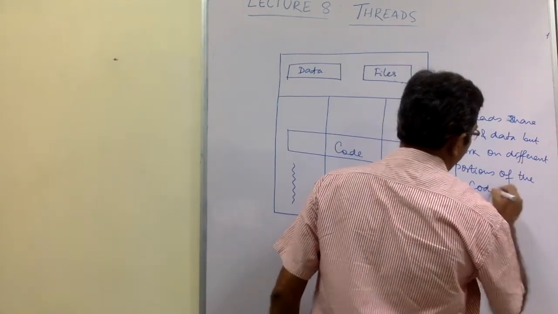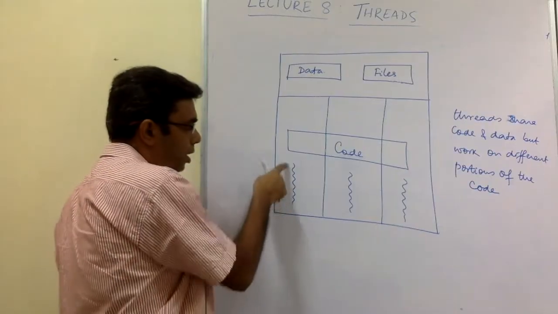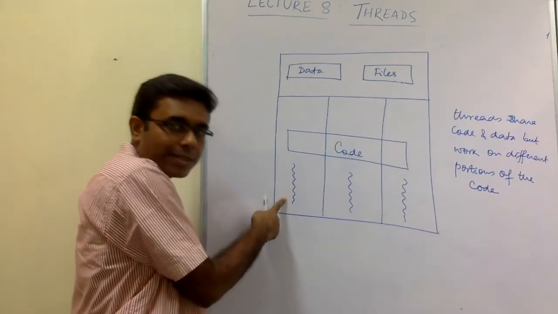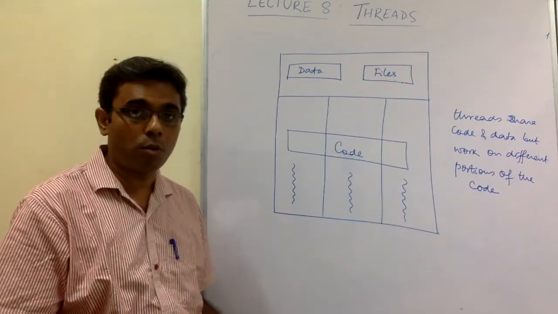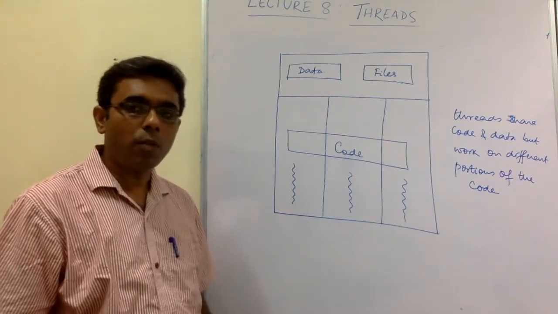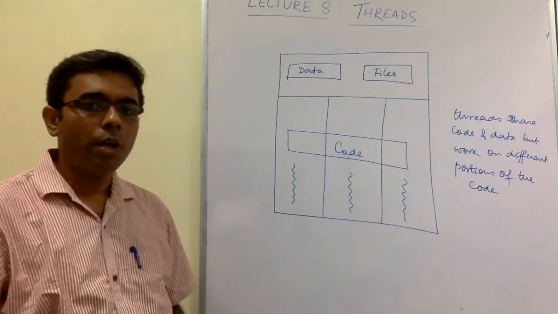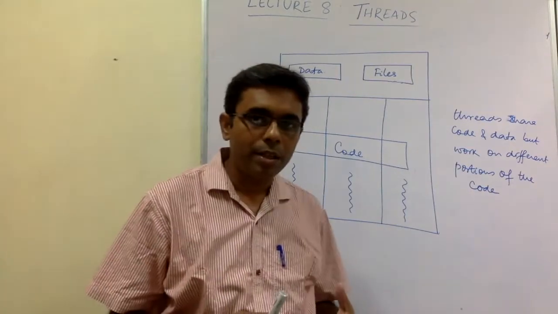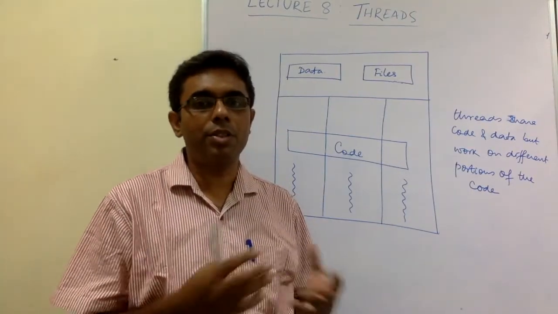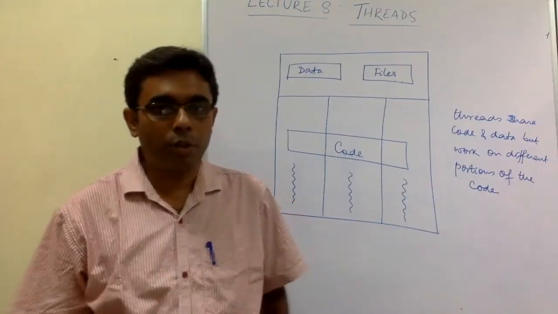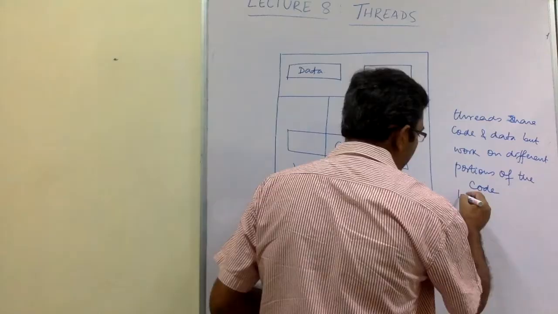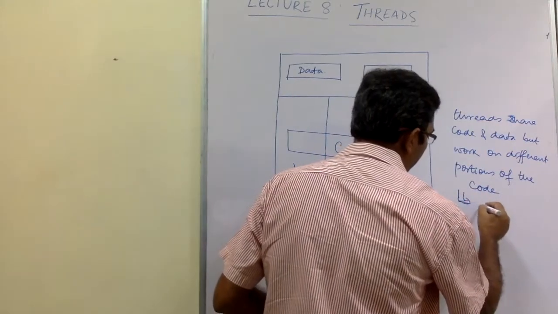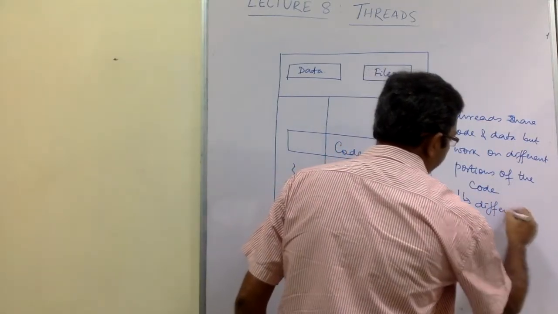So this is important, right? You may wonder, this one is working on the autosave mode of the text editor, and this one is maybe working on the spell check portion of the code. Because they are working on different portions of the code, it is obvious that they would generate some temporary data. The state of these particular threads would be different.